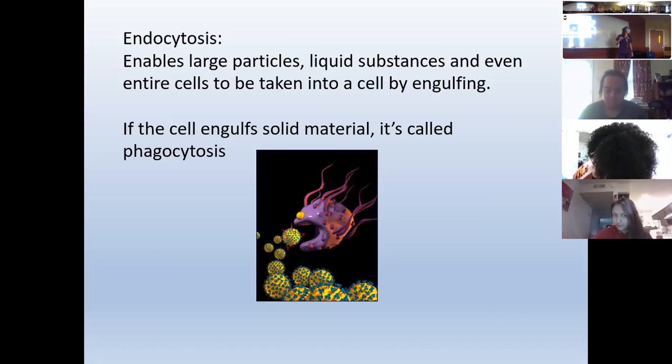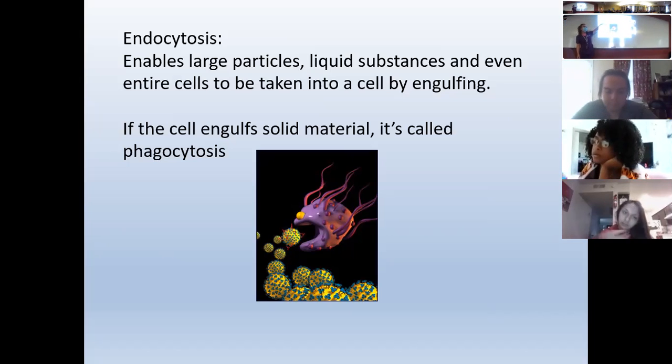Phago means to eat. So if I have phagocytosis, let's break this down, medical terminology. We know phago is to eat. What is cyto? Cell. And what is osis? Condition or pertaining to. Phagocytosis is pertaining to a cell eating.